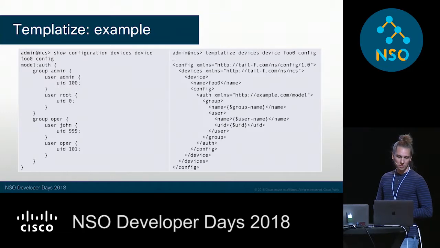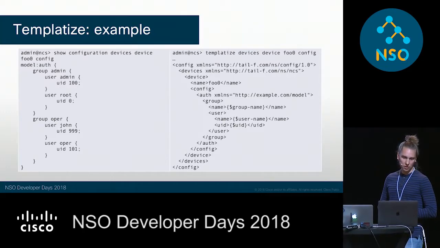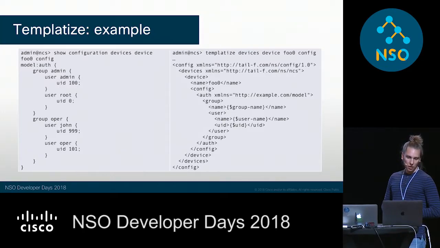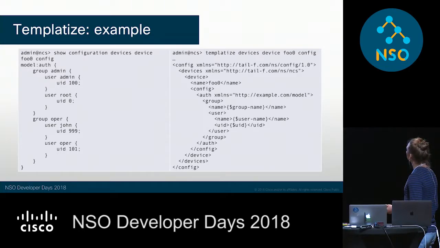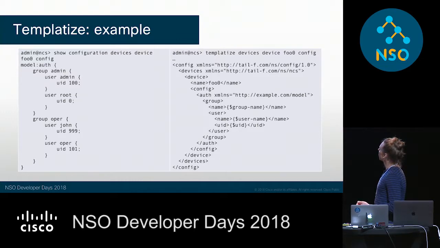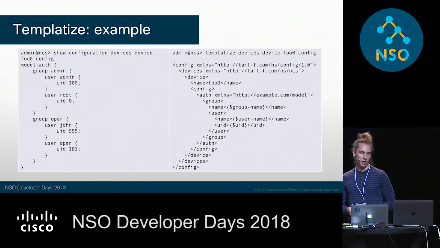When we templatize the config for such a device, it says that under the list group we have two instances with different keys, so it replaces this key with a variable. Under it we have a list user that also has different keys, so that key is replaced with a variable, and UID has a different value, so it becomes a variable too.